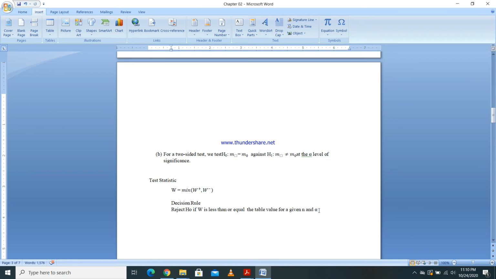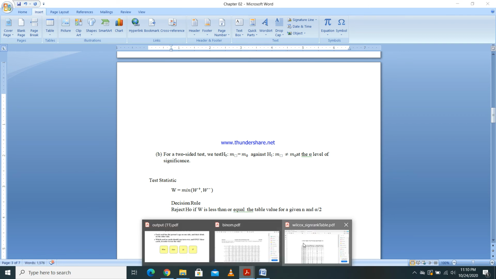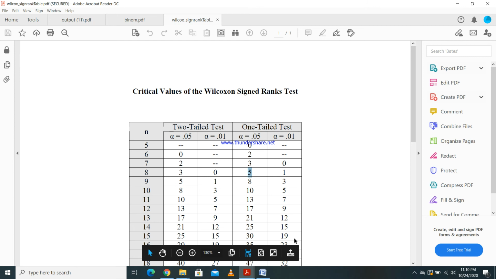But when you are looking at the table, since this is a two-sided test, the significance value alpha has to be divided by 2. However, in the table which I showed you, you have the two-tail test values and one-tail test values separately. So you don't have to divide alpha by 2 again. You just go to the two-tail test columns and refer to the alpha and the sample size.